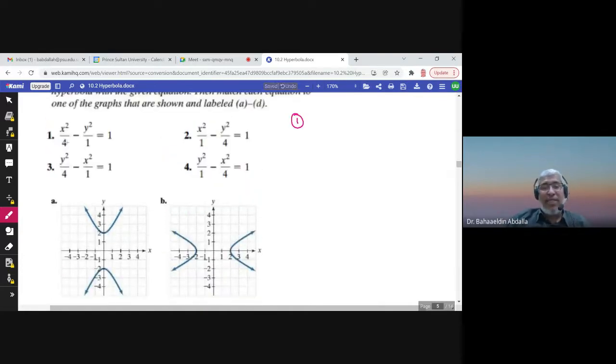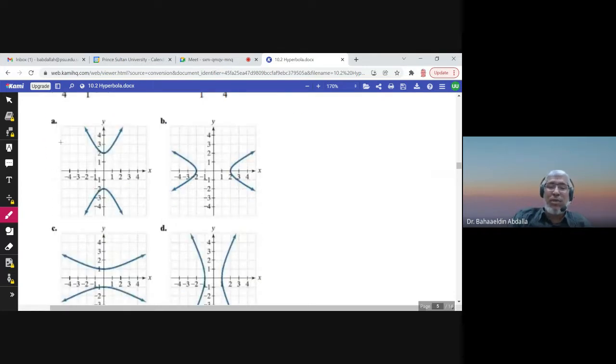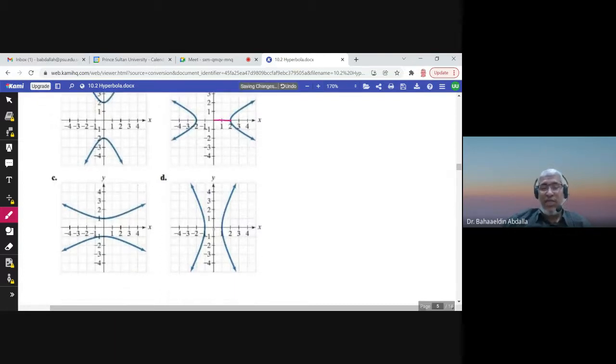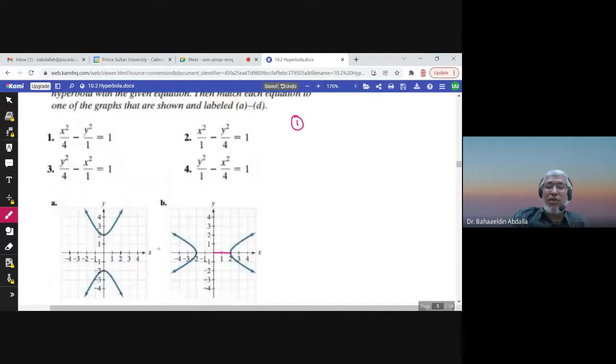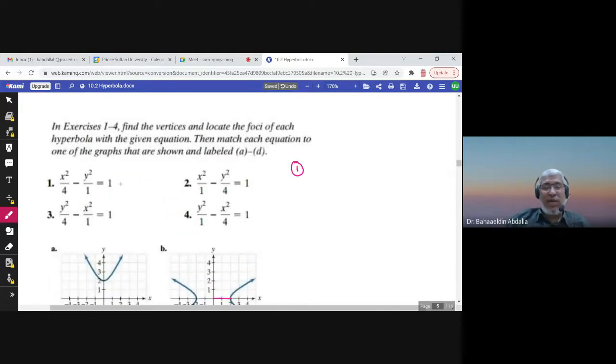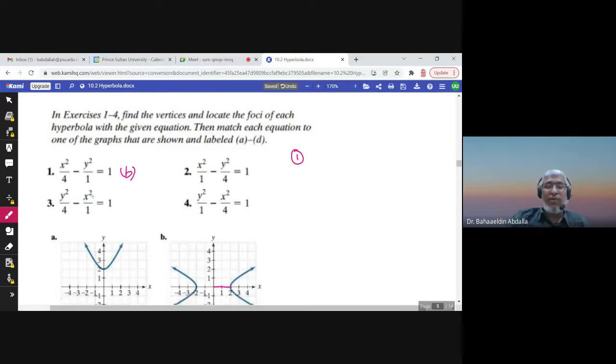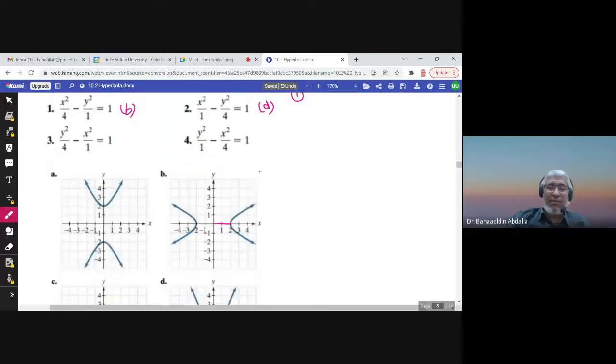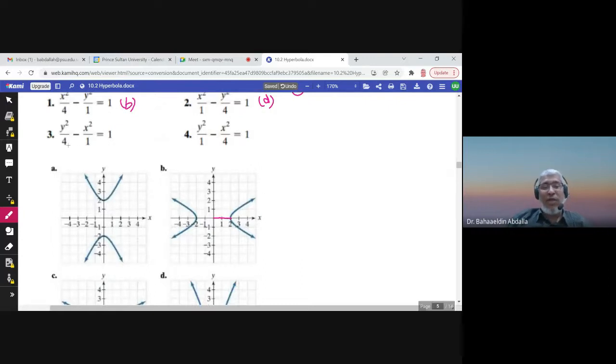For number 1, the distance from the center to the vertex is 2. So here the distance is 2, while here the distance is 1. So the graph of number 1 is part B, and also I have x squared over 1 here, so the graph of number 2 is D. While for question 3, I have 2, it opens up and down, both 3 and 4 up and down.